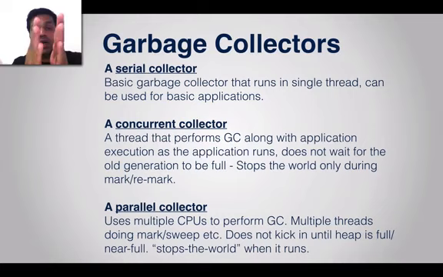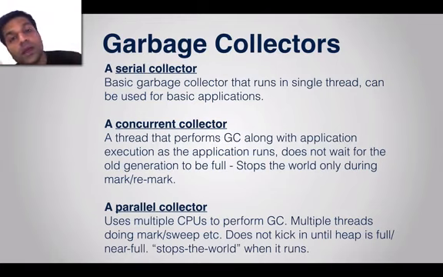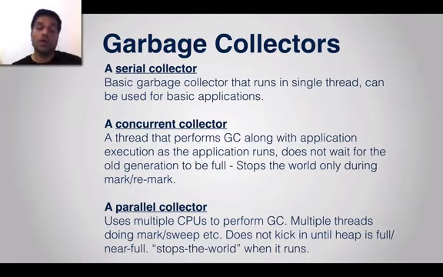It doesn't look at the percent of old generation used to kick in a major collection. So it is highly concurrent, and it does not pause the running application for a lot of garbage collection steps. It only pauses the application during the mark and remark steps. All the other things like sweeping and compacting happen in parallel with the application. That is why it is called the concurrent collector.